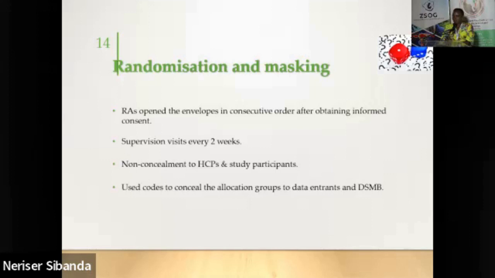However, we used codes to conceal the allocation groups from the data entrants, so that they would not be able to know which random allocation group a participant's data belonged to. We performed supervision visits every 2 weeks to ensure adherence to the study protocol, and also to troubleshoot in case of any issues that arose.